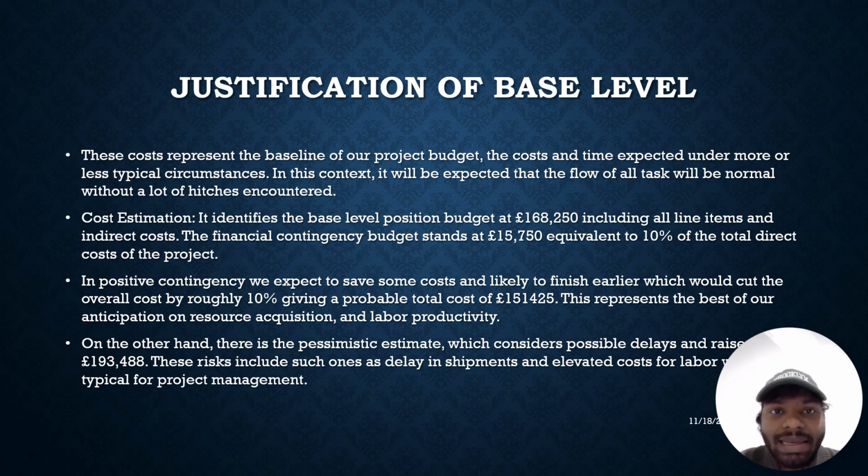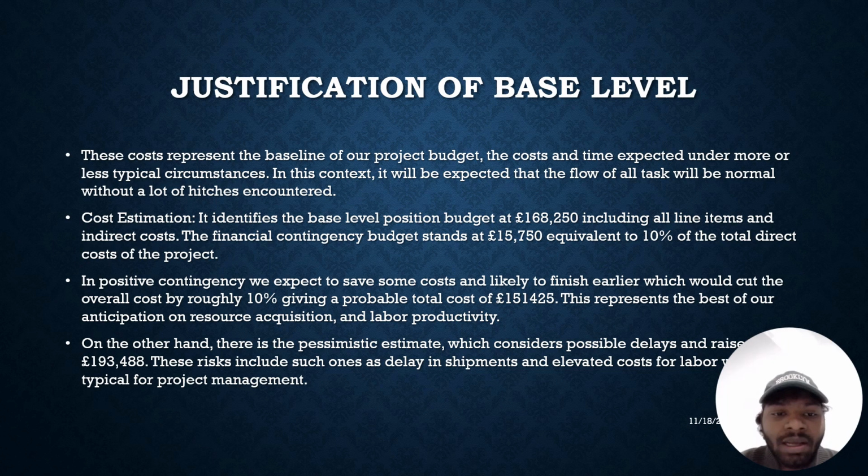Justification of baseline. These costs represent the baseline of our project budget, the cost under the time expected under more or less typical circumstances. In this context, it is expected that the flow of all tasks will be normal without a lot of hitches encountered.